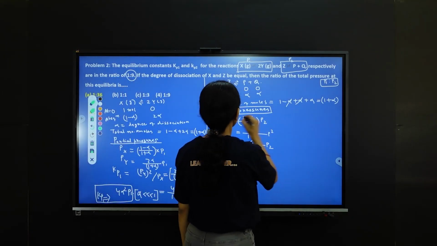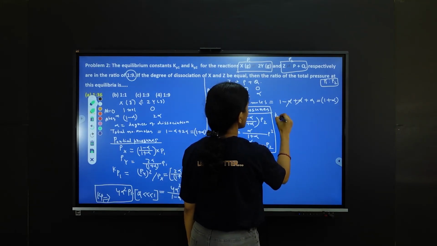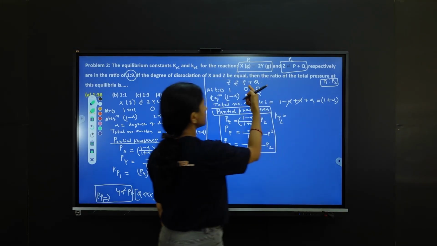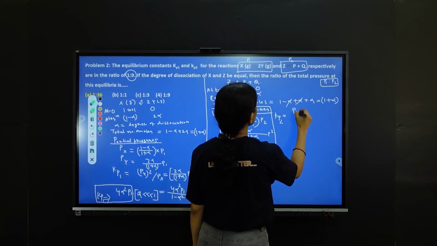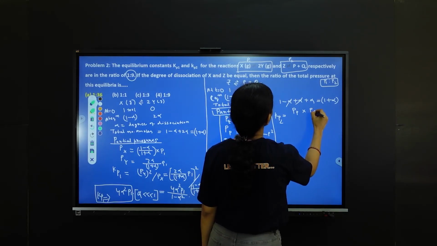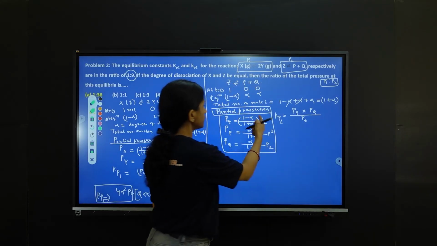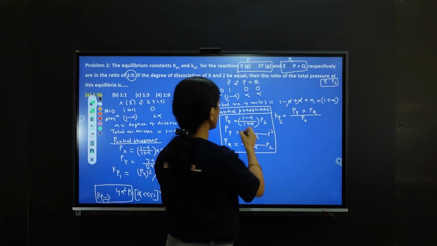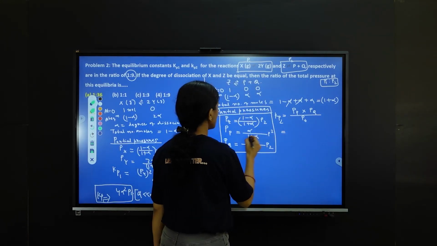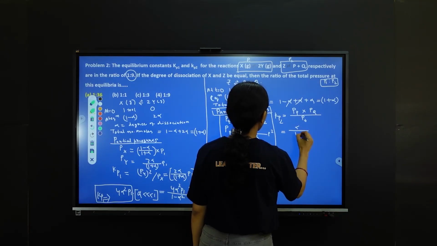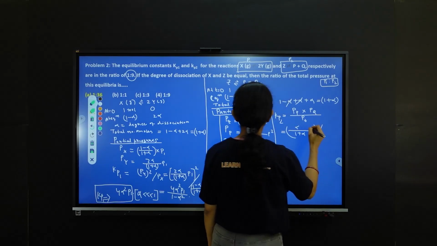Okay, now from here, these are the partial pressure expressions. From here, we will write Kp2. For this particular reaction, Kp2 can be written as Pp times Pq divided by Pz. So let's put the values of Pp, Pq and Pz from the partial pressure expressions. Pp is alpha divided by 1 plus alpha times P2. Again Pq is the same.